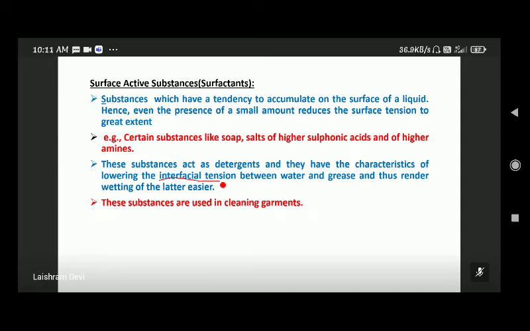May I? Yes, yes. Ma'am, there are two types of molecules. First, lying in the bulk, and second, surface molecules. Just keep a pause. What is your name? Vishakha, ma'am.